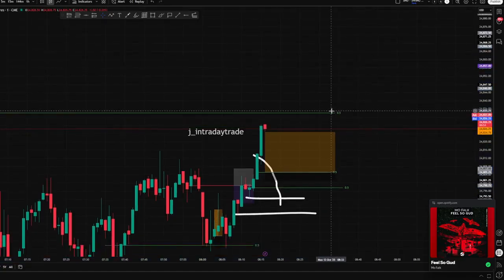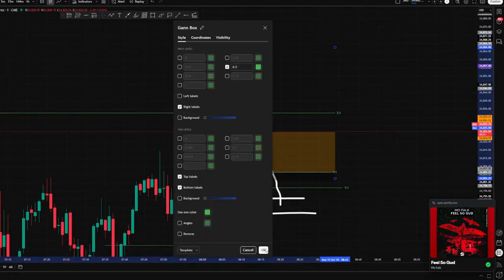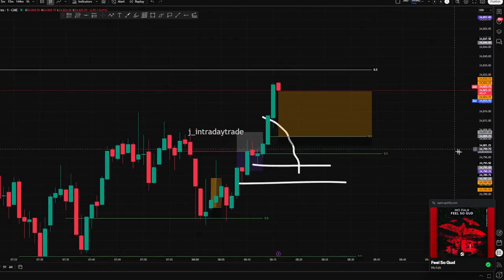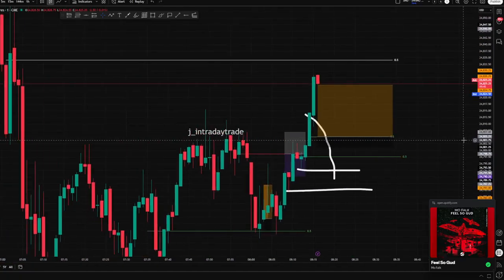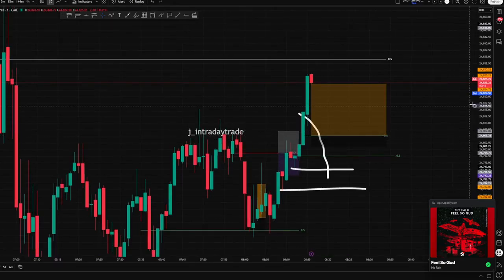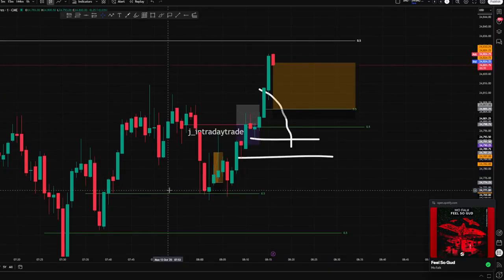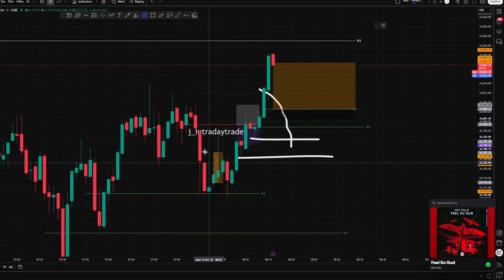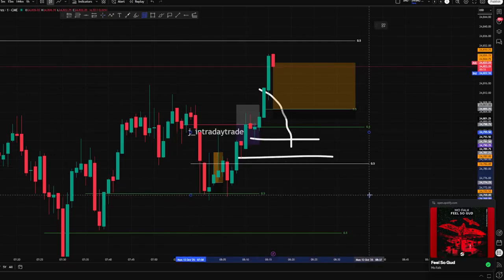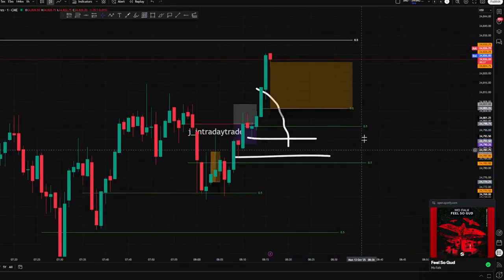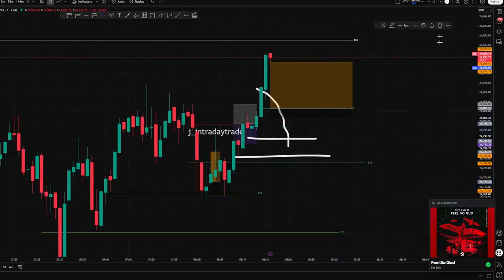Most likely the reaction down here. Nothing that you would utilize, but break two highs. This is most likely being tapped into as well here. I'm actually gonna get rid of this.